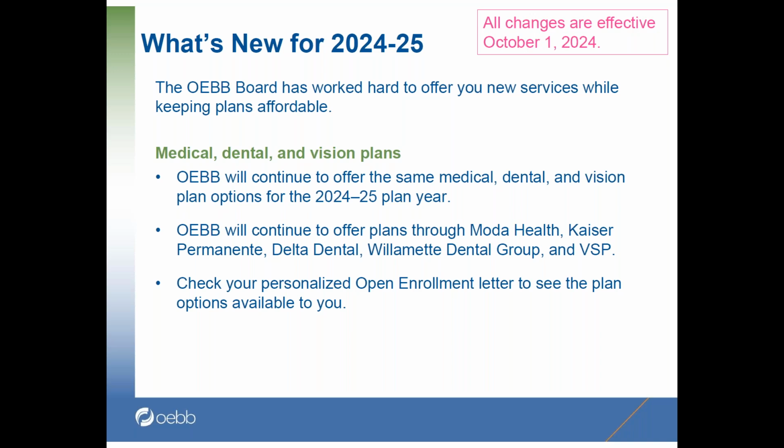For medical, dental, and vision plans, for the upcoming plan year, we will offer the same medical, dental, vision options. And OEB will continue to offer plans through Moda Health, Kaiser Permanente, Delta Dental, Willamette Dental Group, and VSP. So check your personalized open enrollment letter to see the plan options that are available to you.